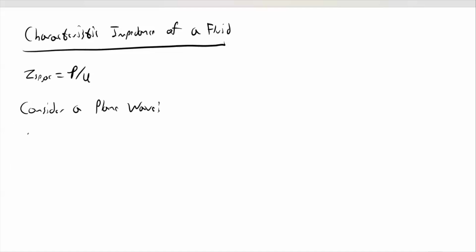So we consider a 1D system. Here's the wave equation in 1D. And we consider that pressure is some arbitrary function f of x minus c naught t.